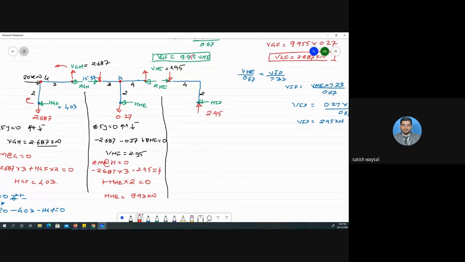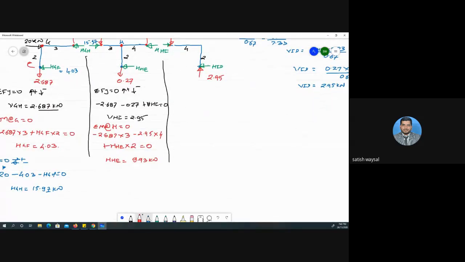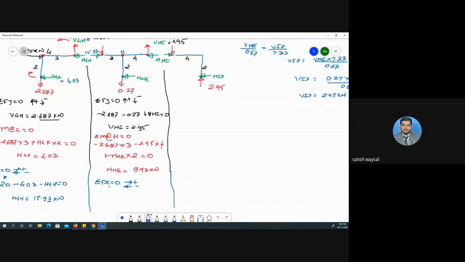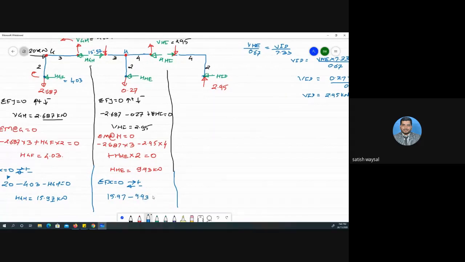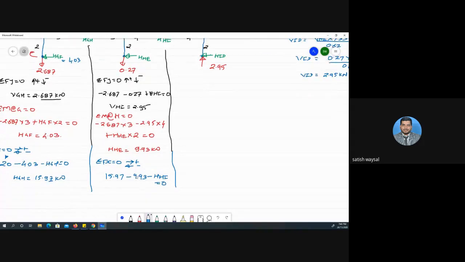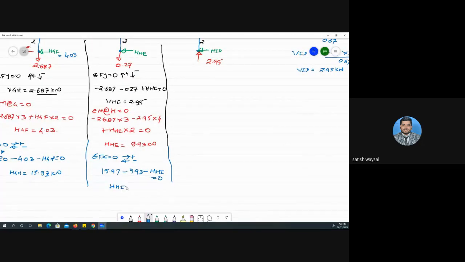After this, we can directly apply summation Fx is equal to 0. This force is positive, this is negative. 15.97 minus 9.93 minus HHI is equal to 0, and that will give you HHI is equal to 6.04.